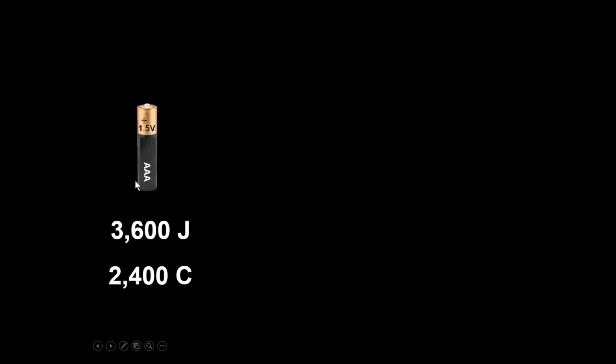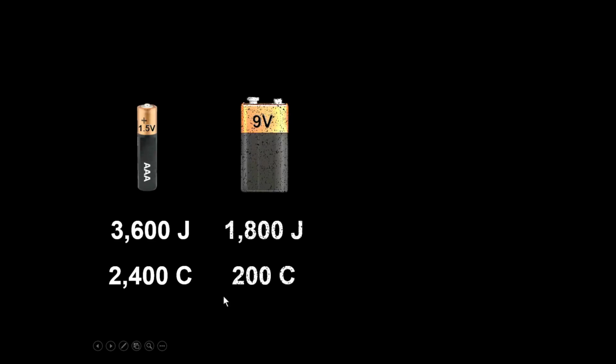If I have a AAA battery and it's at 1.5 volts, there's about 3,600 joules of energy contained in that thing, and about 2,400 coulombs of charge that ultimately goes through the battery as the chemical reaction takes place. But if you take that many joules divided by that many coulombs, you get 1.5 joules per coulomb.